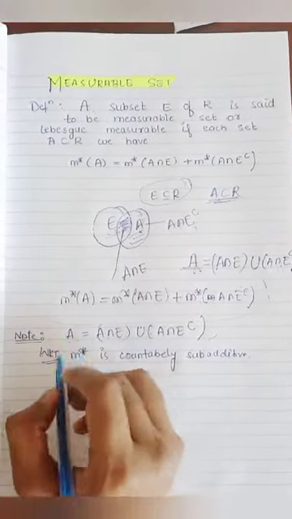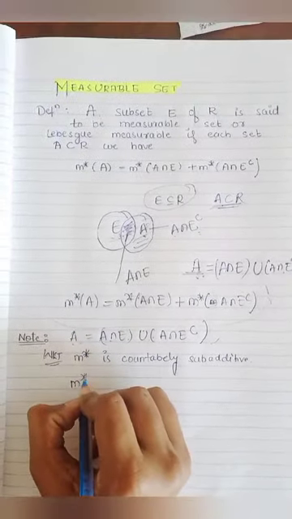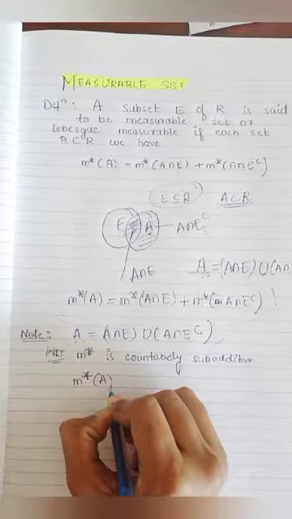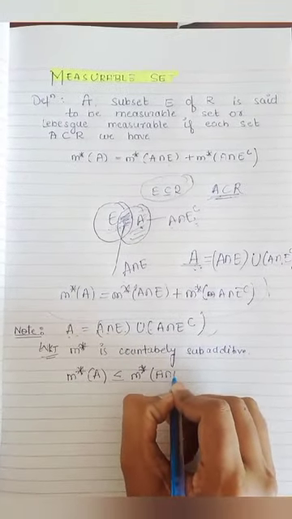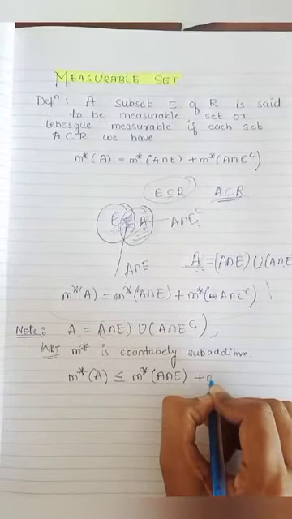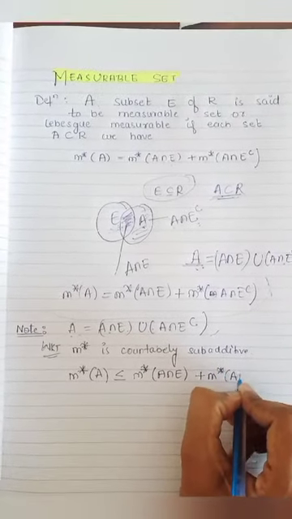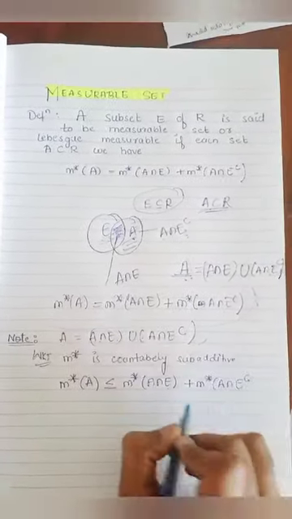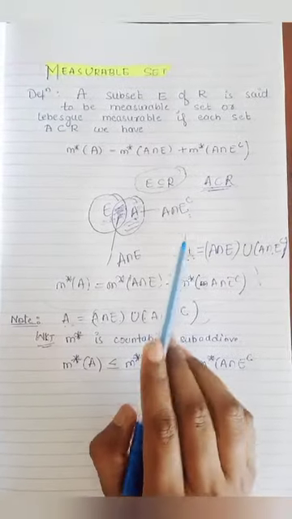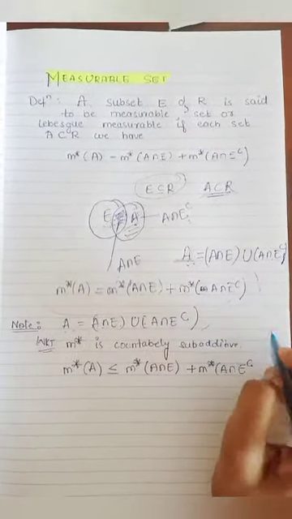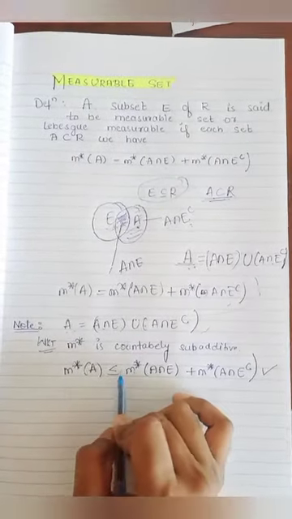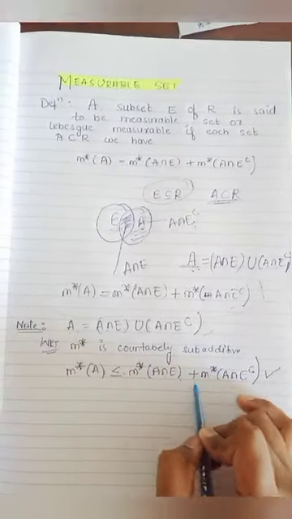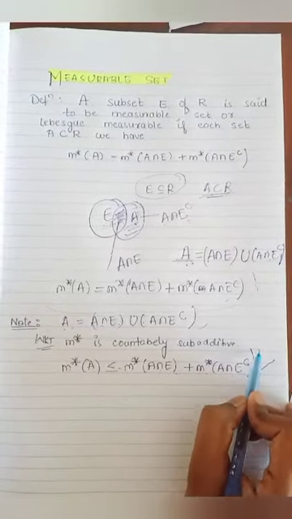If you apply the outer measure to this, it will become M star of A is less than or equal to M star of A intersection E plus M star of A intersection E complement. So we can say that if E is your measurable set, this condition is going to hold. That is, M star of A is always less than or equal to M star of A intersection E plus M star of A intersection E complement.